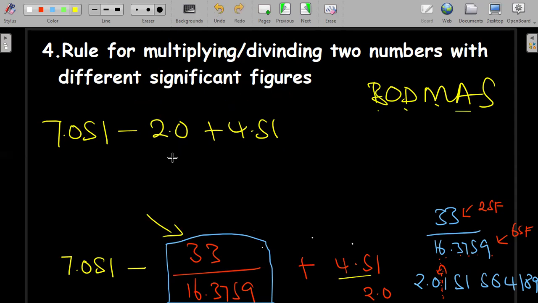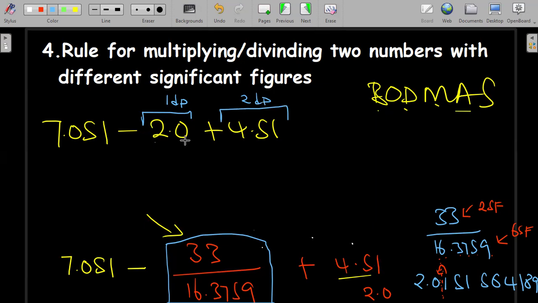So let's add those. When we're adding, the answer should have the same number of decimal places as the number that had the least number of decimal places. So this 2.0 has 1 decimal place, and this 4.51 has 2 decimal places.